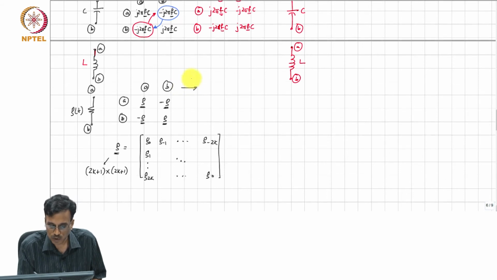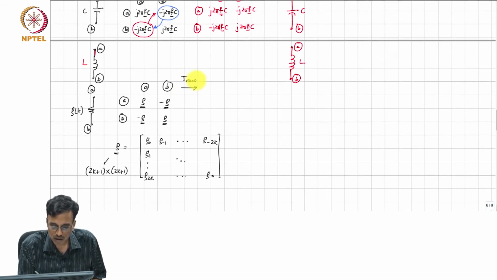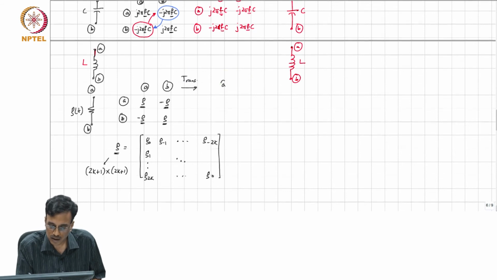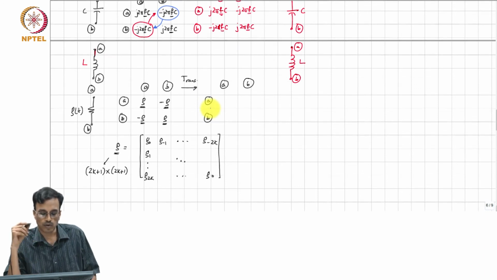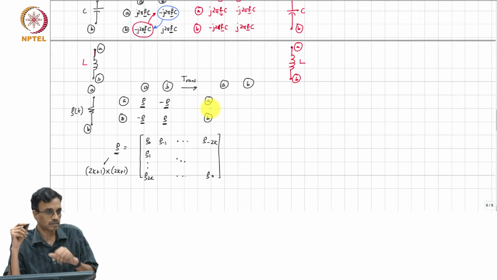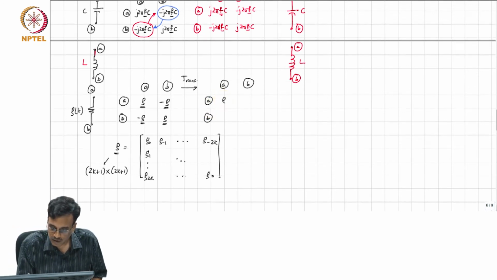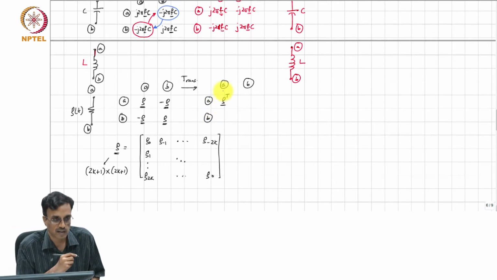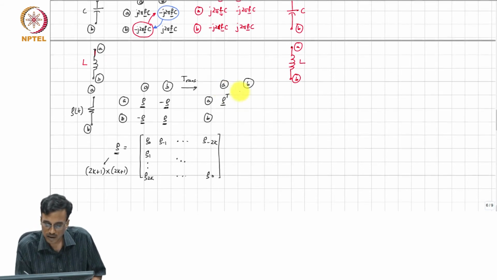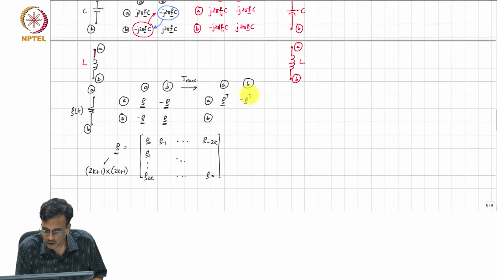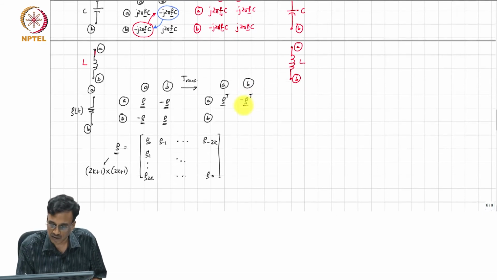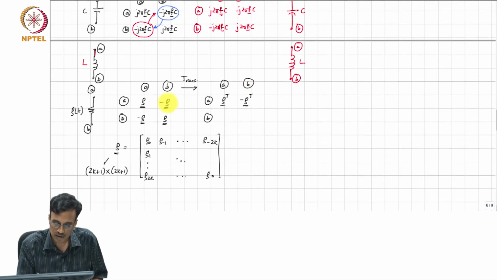So, we need to transpose it. What do we get there? This is A, this is B, A, this is B. So, if you transpose the MNA stamp, what would you get? That is a G transpose. You had to transpose this. So, this is G transpose, all right, and G transpose, this is minus G transpose, and that minus G transpose is not transposing of this matrix.